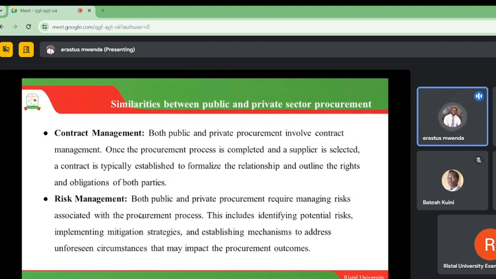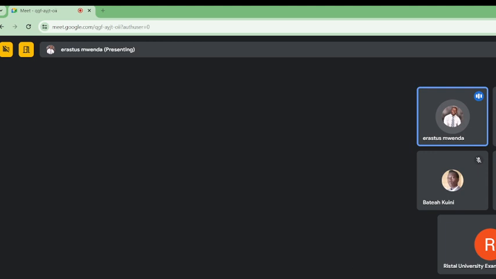And then other similarities are around ethical and legal considerations. We are saying both public and private procurement should adhere to ethical standards and legal requirements. Ethical standards mean that whether we are private or public, there are rules that stipulate how we are going to conduct ourselves.